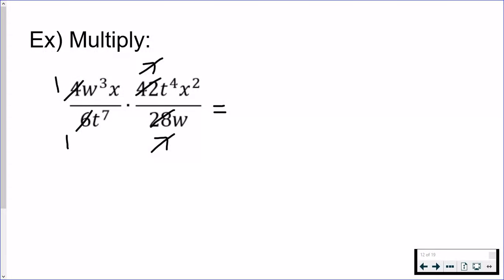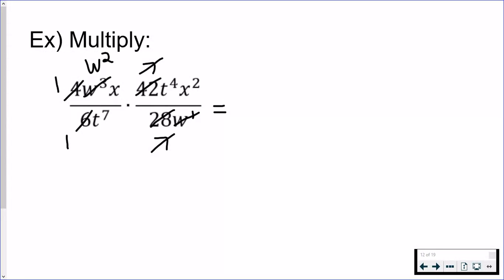So now I'm going to reduce those variables with the exponent. So I have a w to the third in the numerator, and I have just a single w in the denominator. That's technically to the first power. So if you have a 3 over a 1, remember you always subtract your exponents. So that becomes w squared.